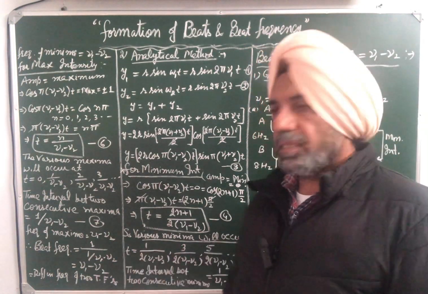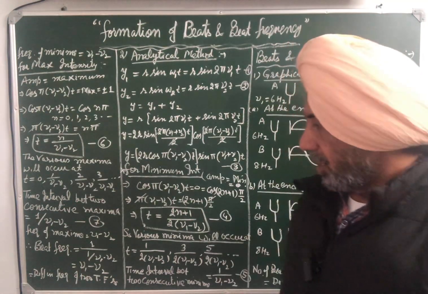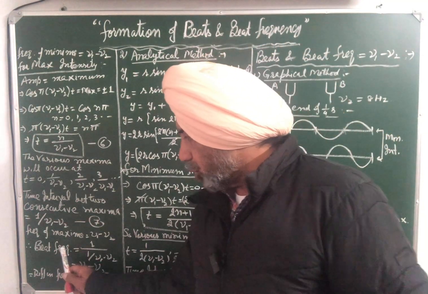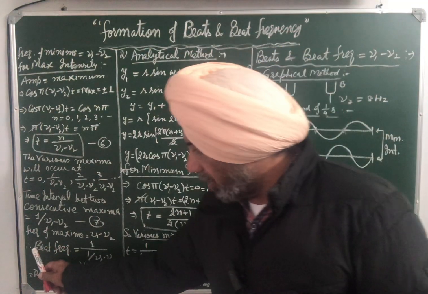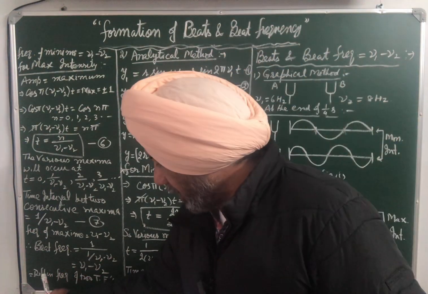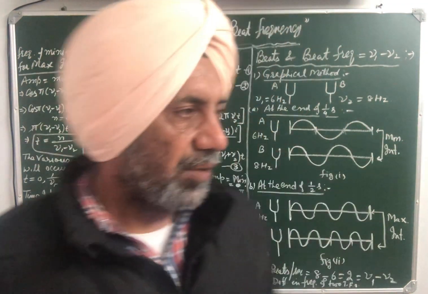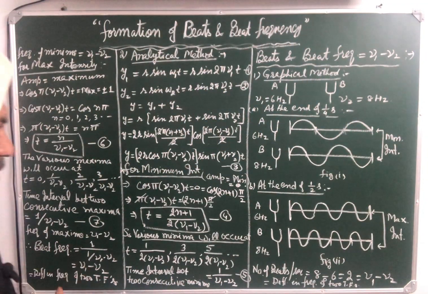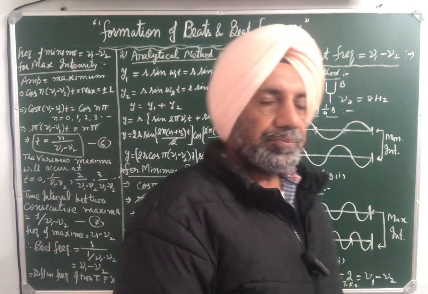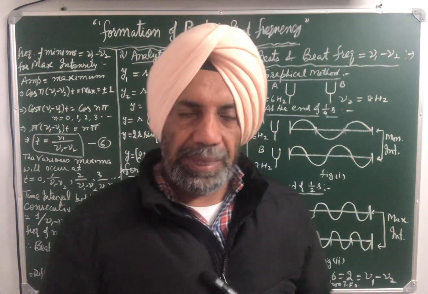This means the number of beats produced per second, or the beat frequency, is equal to the difference in frequencies of the two sources or two tuning forks. So this we have proved. Again, what are beats?